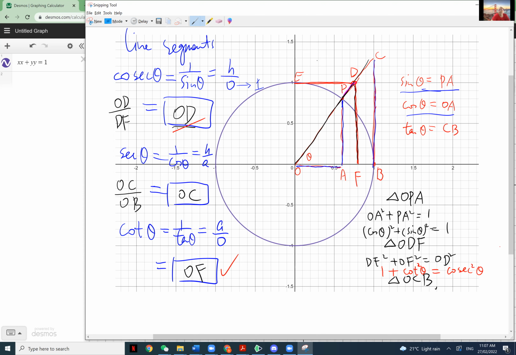OCB. OB squared, BC squared, OC squared. OB is just 1. BC is just tan theta.